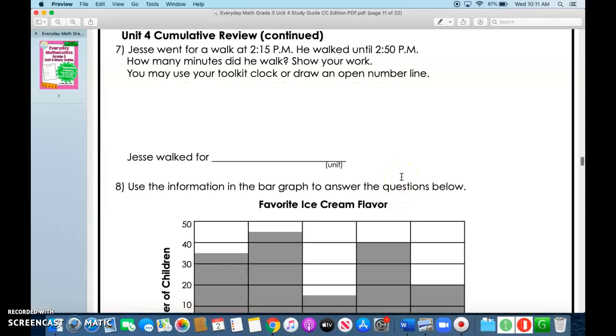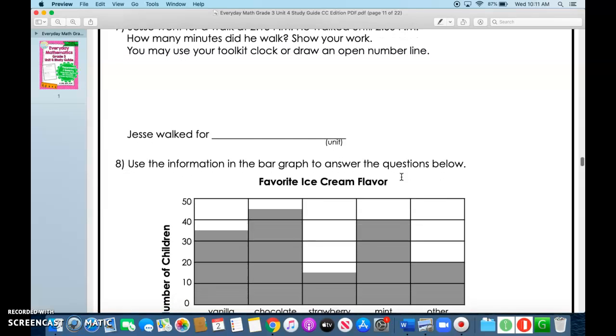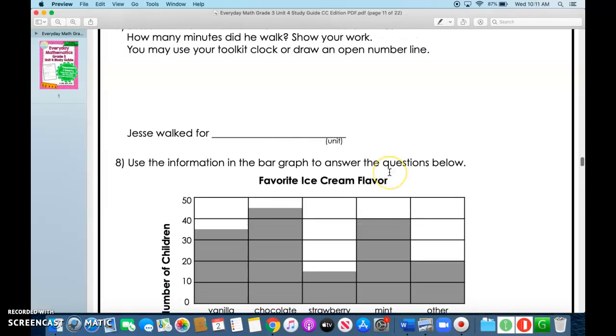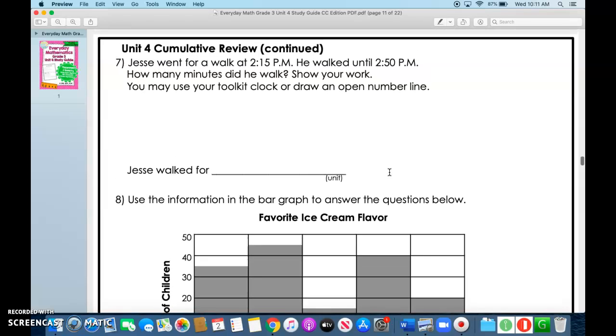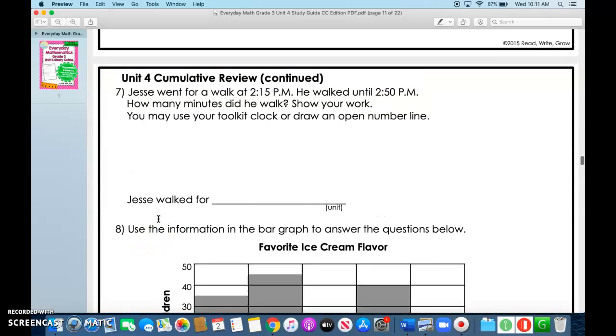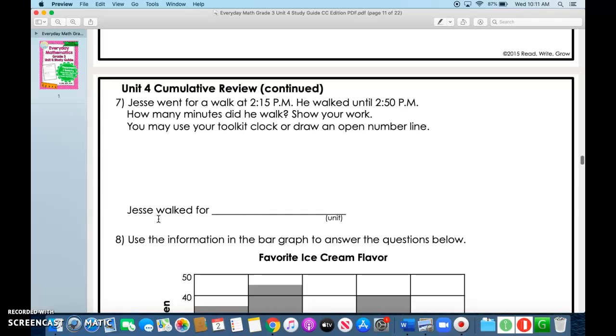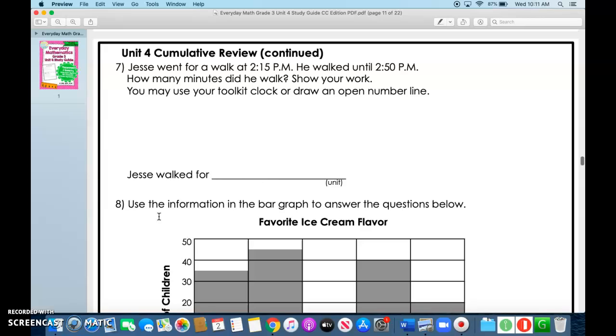You can also get a paper copy from your teacher. You just have to reach out to them so they can make sure that the paper copies are waiting for you. All right, I hope you do this review, because if you do this review, it is very similar to the real assessment, and you should be able to do a really good job and have a good grade.